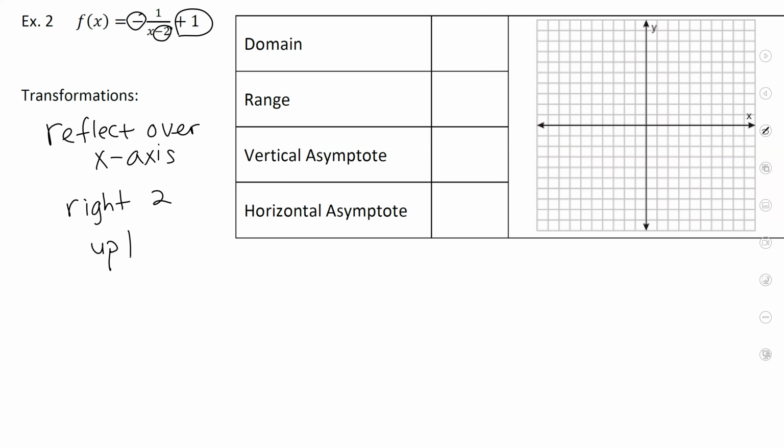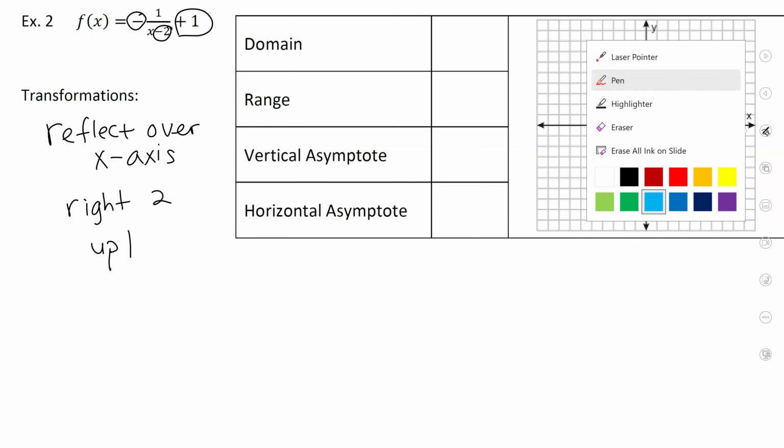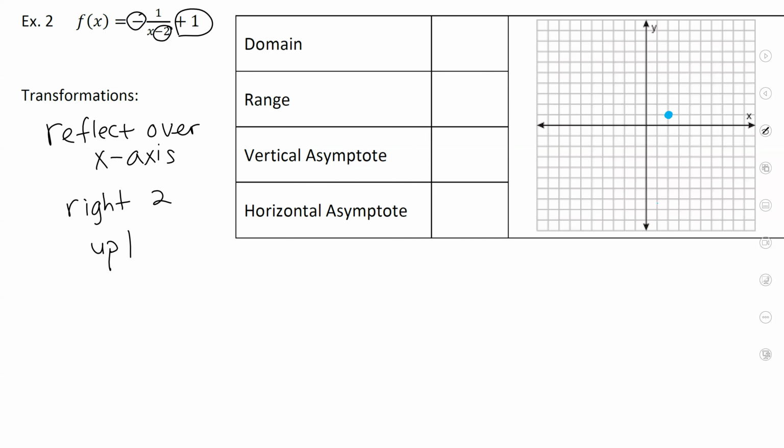All right, so let's talk about the asymptote. I went to the right 2 and up 1. So my asymptote, the center will be right here. Right 2, up 1. So my center is now here. So I'm going to go ahead and draw my T. This is one asymptote. This is the other asymptote.